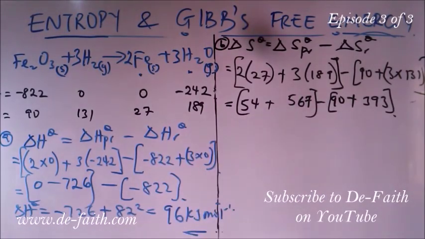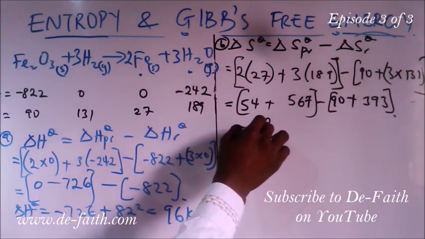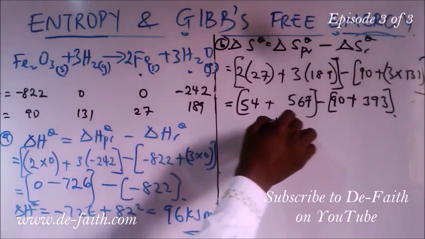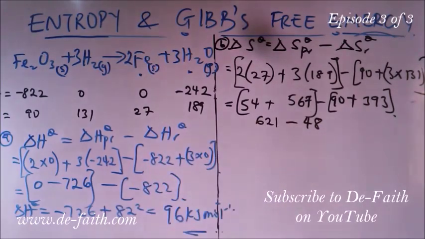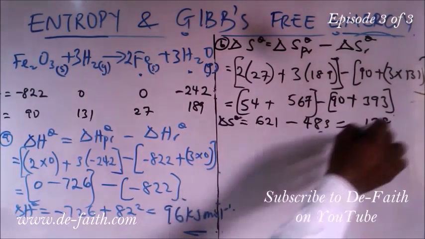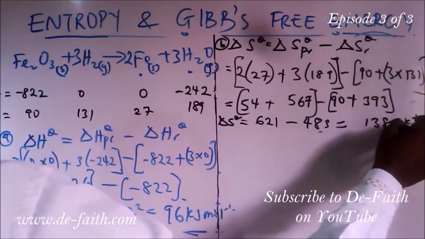And when we find the sum of all this, this will be 621 minus 483, and that is equal to 138 joules per Kelvin per mole.